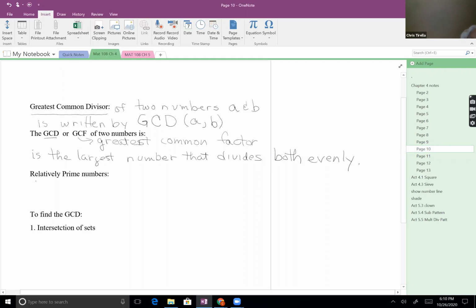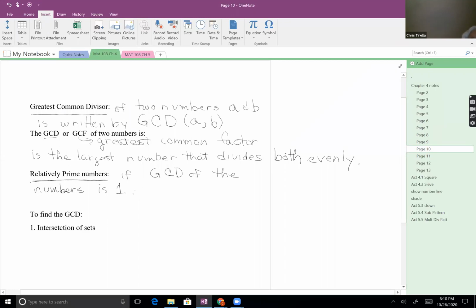Now we had said that two numbers are relatively prime if the greatest common divisor of the numbers is 1.